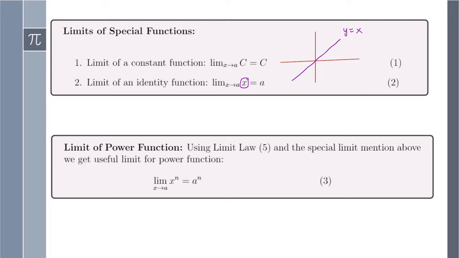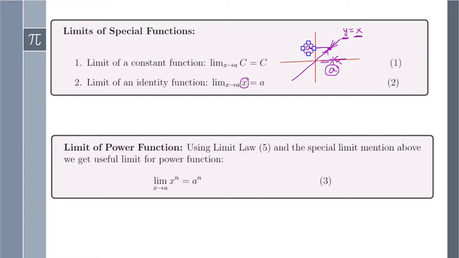Now this is what happens if I choose a here. As x approaches a, the value of the function approaches this point here. And we know that y equals x. That means if I choose x as a, y is also always going to be a. Whatever x I choose, that is the value of y for the identity function. That means as x approaches a, y approaches a.